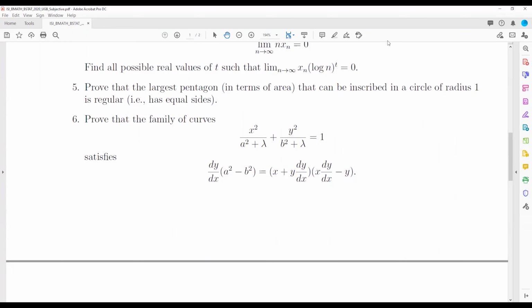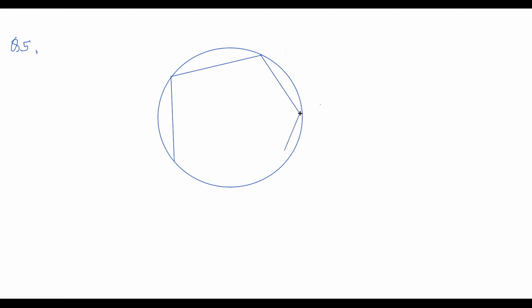Let's solve question 5, which says: prove that the largest pentagon in terms of area that can be inscribed in a circle of radius 1 is regular. So if we have a pentagon inside a circle, let's not draw it regular. And this is touching the side, and let the center be here.